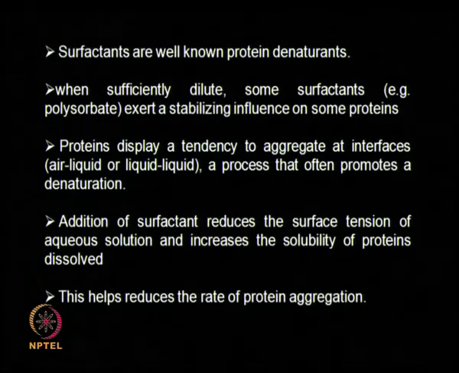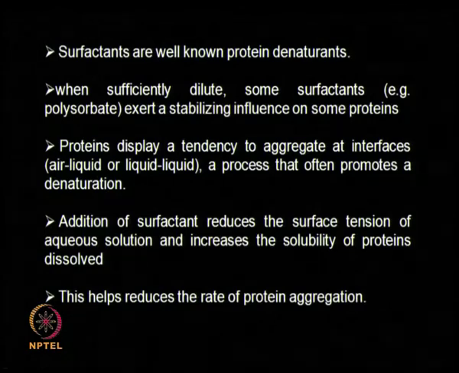Whereas if you add a little amount of surfactant, the surface tension of the water is reduced, so the proteins get solubilized, so they do not go to the surface and aggregate, thereby you can prevent the denaturation of the proteins.